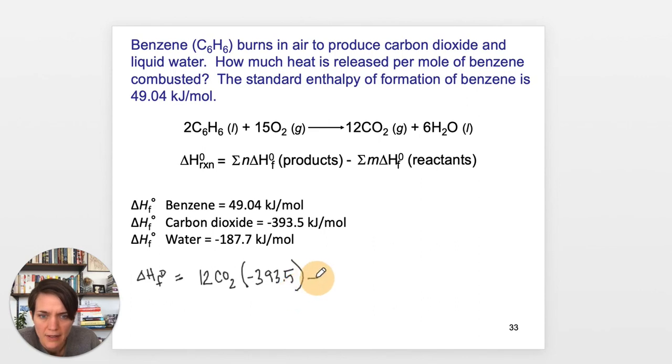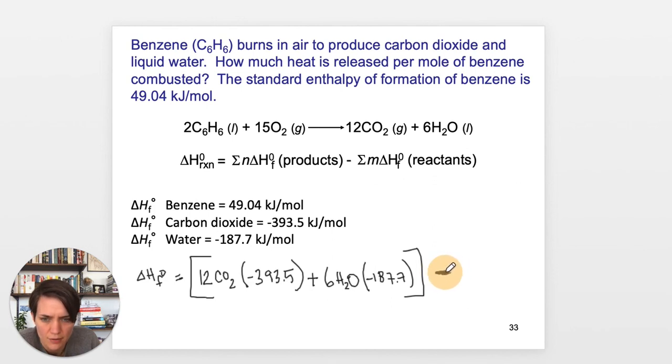I'm going to add that to the enthalpy of formation of our water, putting brackets around that because that's done first. So the product of that is going to have our next step subtracted from it.